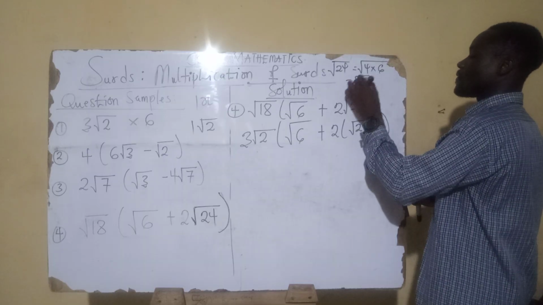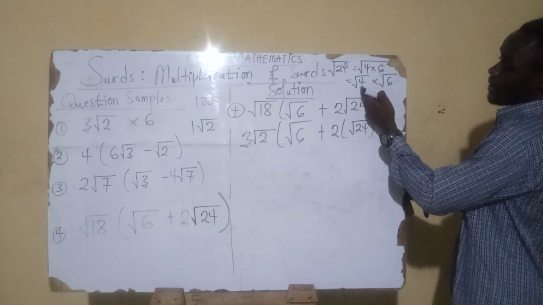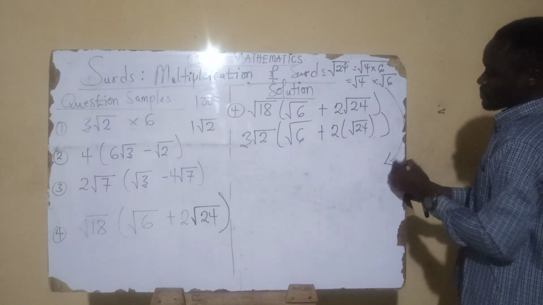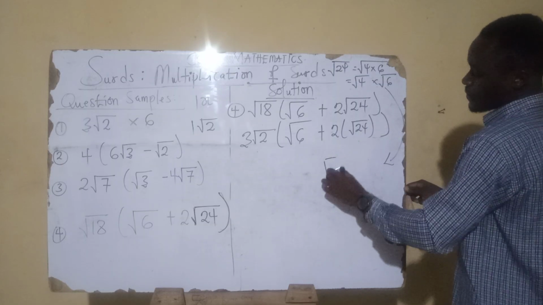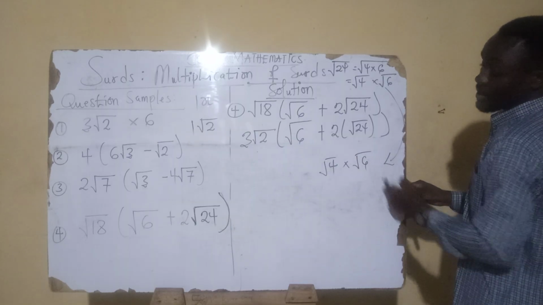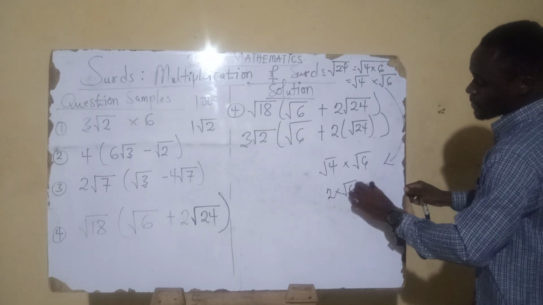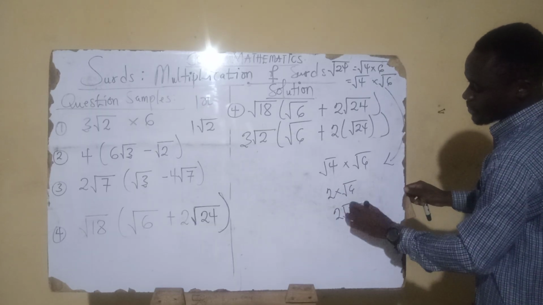And this is root of 4 multiplying root of 6. Okay? And here, mathematically, we know that root of 4 has a certain value. And root 4 is what? 2 times root 6. So here we're getting 2 root of 6.